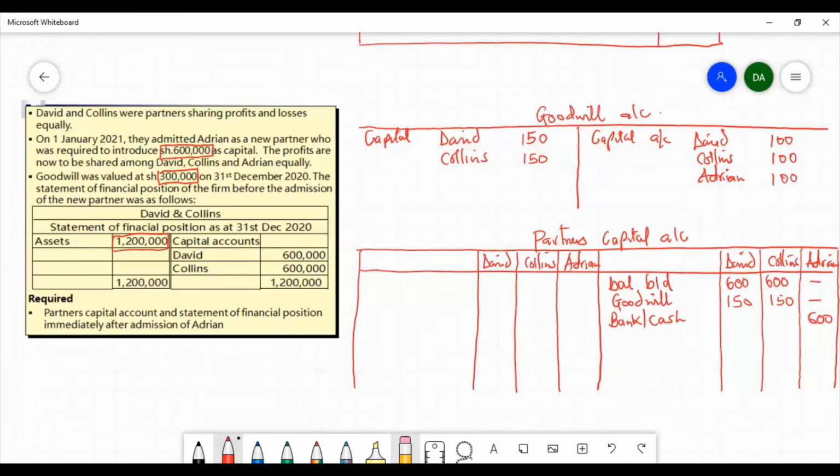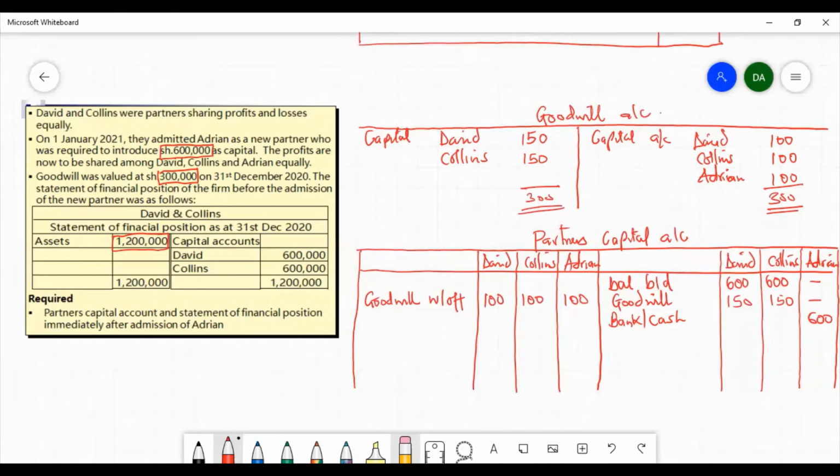And that amount is debited in the partner's capital account, and we call it goodwill written off. Goodwill written off 100,000, 100,000, 100,000. Then we can just go ahead and balance off the goodwill account with 300,000 as the total. And now there is no balance because goodwill has been written off.